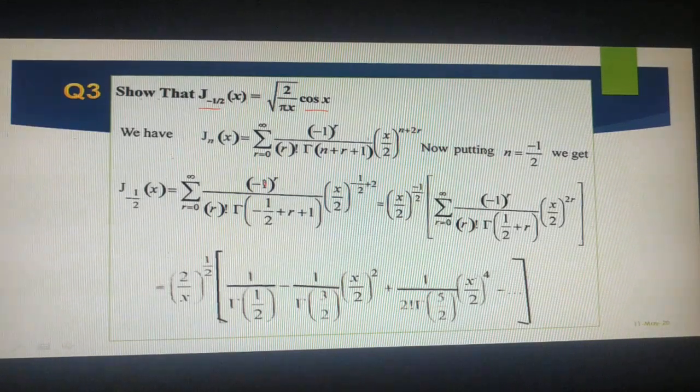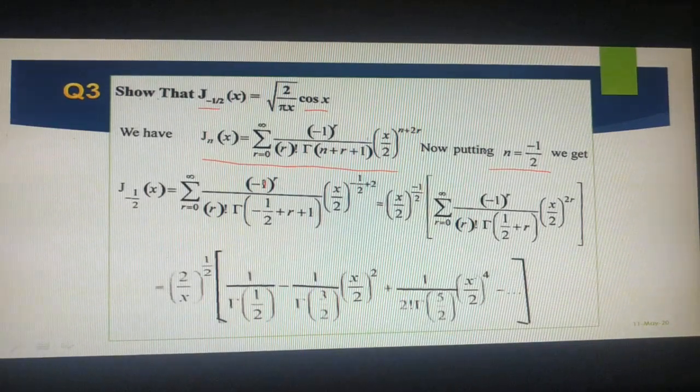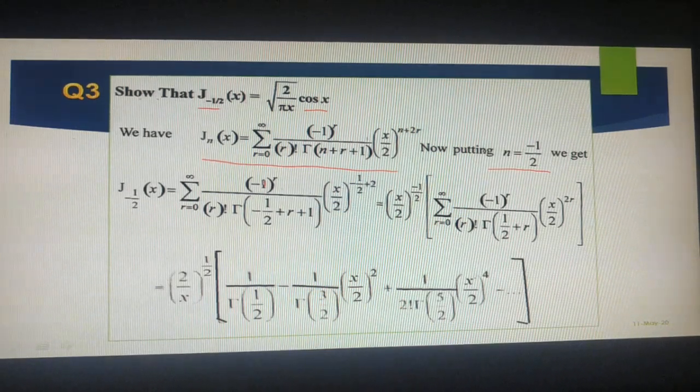Right. So now I am taking, as usual, this formula. Now I am substituting n is equal to minus 1 by 2. So if I substitute, J minus half of x is the summation r equal to 0 to infinity of minus 1 whole to the power of r by r factorial gamma of minus half plus r plus 1, x by 2 whole to the power of minus half plus 2r.